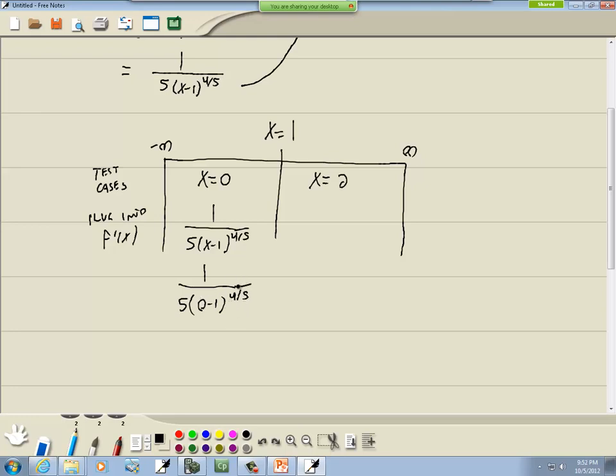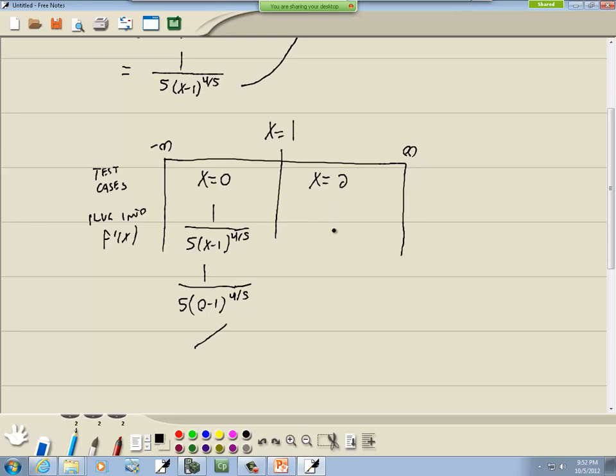Now, if I plug this in, 0 minus 1 is negative 1, negative 1 to the 4/5 power. Since we got an even number in the numerator, this is always going to be positive, which means this is increasing.